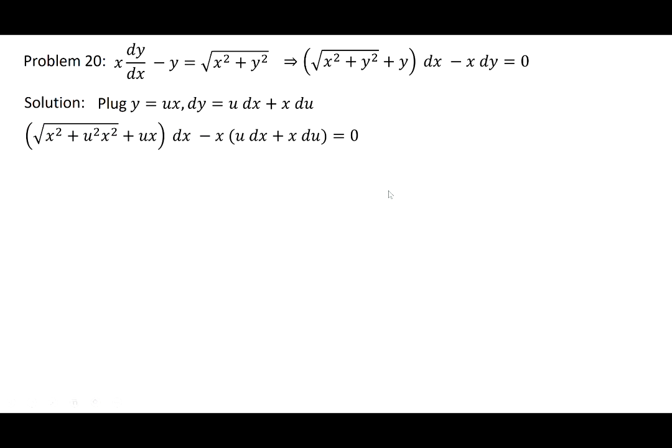Now, what is M of x,y? Coefficient of dx. What's N of x,y? Coefficient of dy. So we get, plugging in, because clearly the N is simpler, just a negative x, whereas M is much more complicated. So we do this: y equals ux and dy equals u dx plus x du, and that's what I'm plugging in. And notice if we multiply, would we get a ux dx?